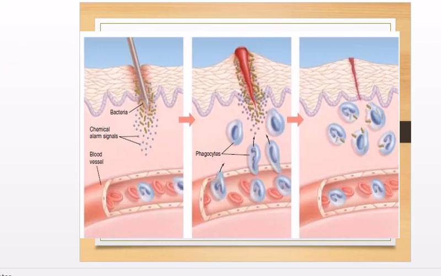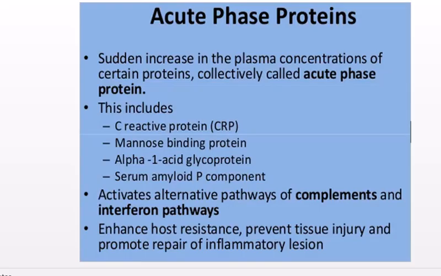Okay, then taking the acute phase proteins, these are some of the proteins that are produced. This protein has a direct relation to the entry of the germs. If the germs have entered, the person will start producing more and more of this protein.